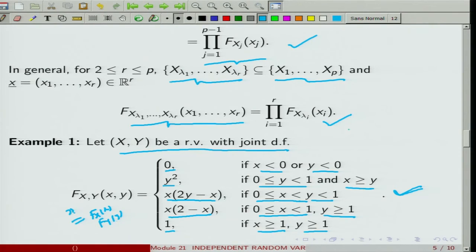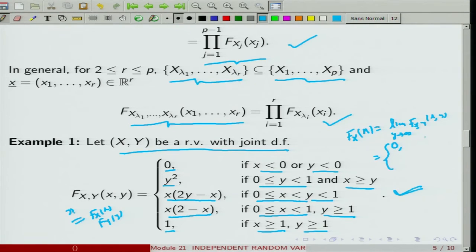So, clearly F_X(x) in this case would be the same as the limit y going to infinity of F_XY(x, y). So, I have to take y going to infinity, and my x is fixed. Clearly, if x is less than 0, whatever y may be, it is 0. So, as y goes to infinity, this will be 0.